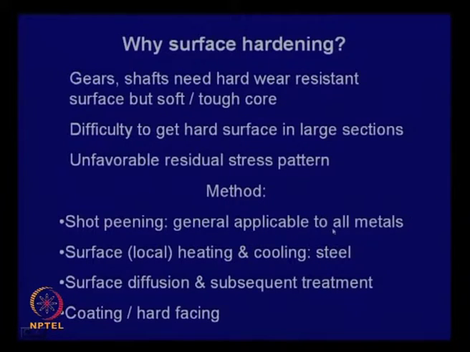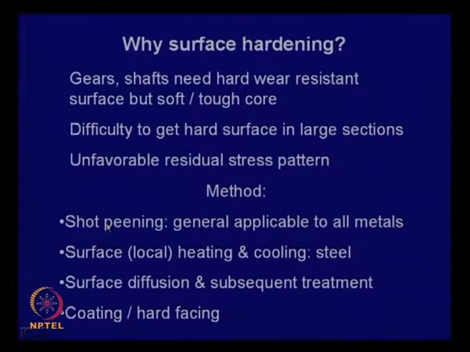Steel, as we have seen, is amenable to a large number of special heat treatment processes, because it undergoes allotropic transformation. The phase diagram has very specific features which make it amenable to a large number of different heat treatment processes, which may not be so in many other metals.